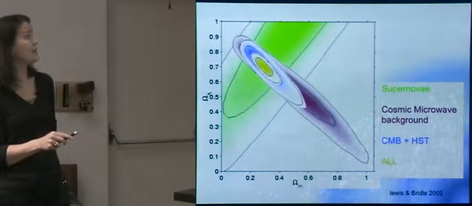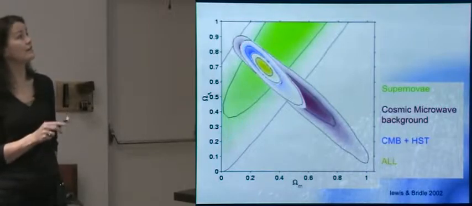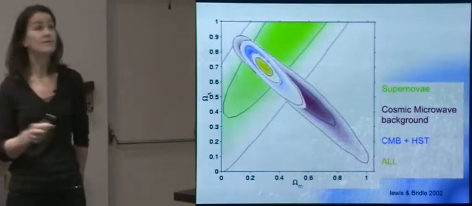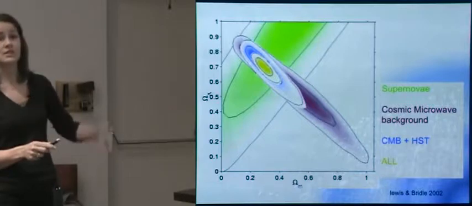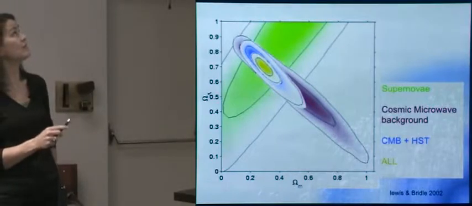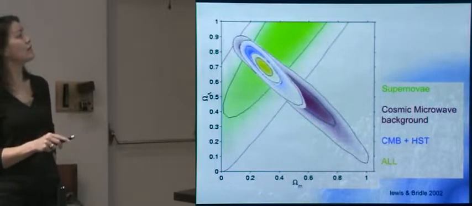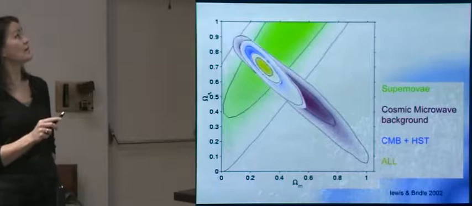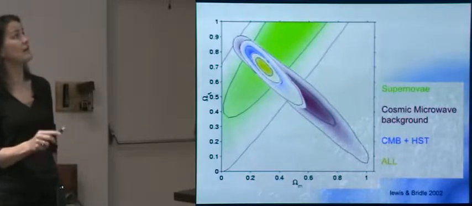You can see that at a value of about 0.3, we're landing right inside this yellow contour here. And this yellow contour is combining all the different observations of different probes. So we're combining supernovae. If we only had observations of the distances to supernovae, we would have these green regions here. So really this is telling you that the values of omega m and omega lambda, the amount of dark matter and dark energy, are not very well constrained. But it's definitely telling us that omega matter is not 1.